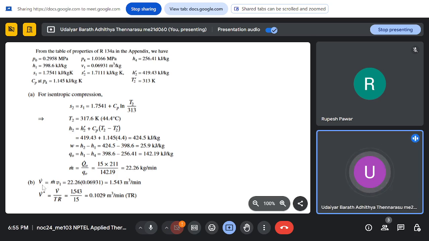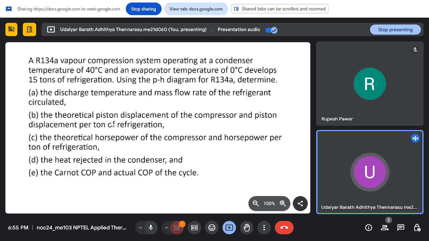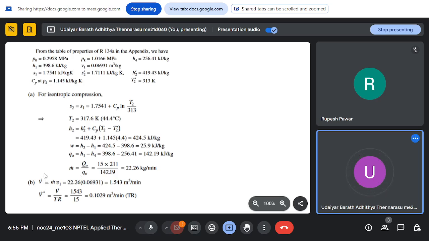Next is the theoretical piston displacement of the compressor. So V dot is m dot into specific volume. Assuming theoretical ideal, you assume volumetric efficiency is 1.